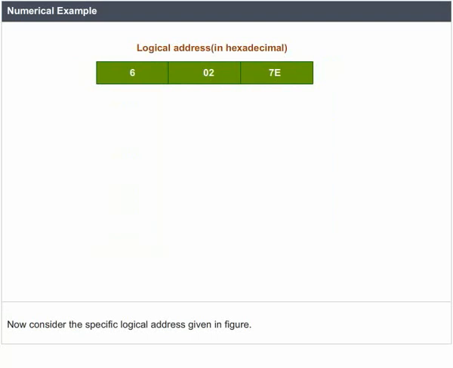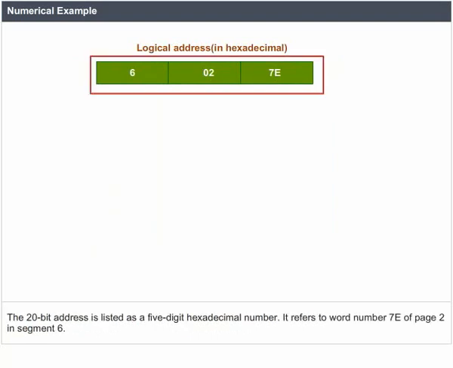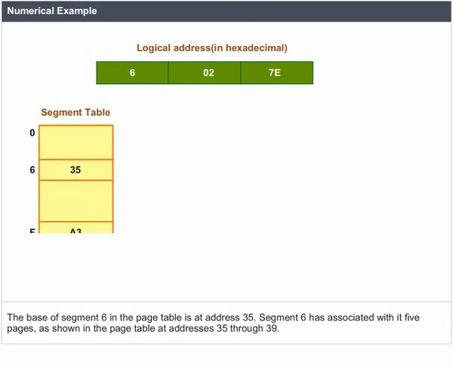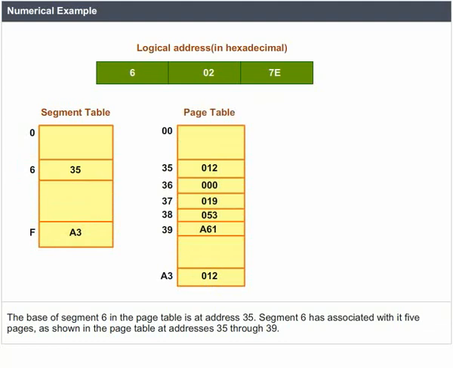Numerical example. Now, consider the specific logical address given in the figure. The 20-bit address is listed as a 5-digit hexadecimal number. It refers to word number 7E of page 2 in segment 6. The base of segment 6 in the page table is at address 35. Segment 6 has associated with it 5 pages, as shown in the page table at addresses 35 through 39.